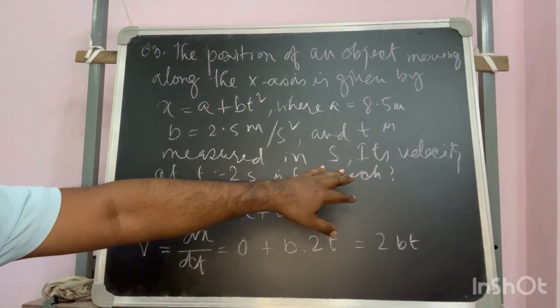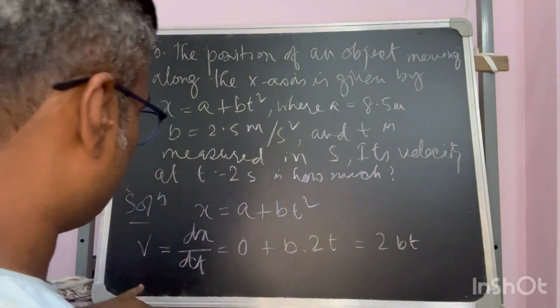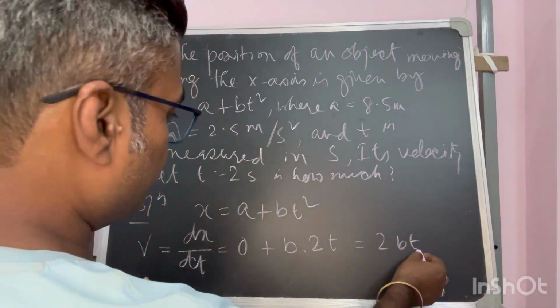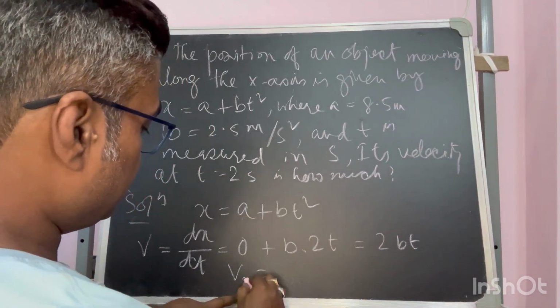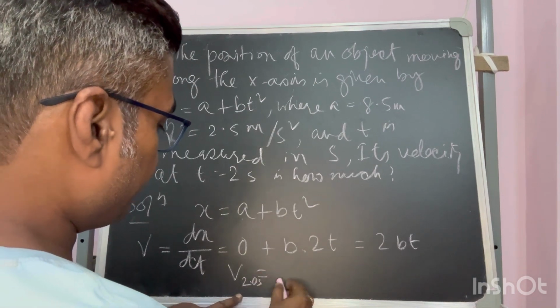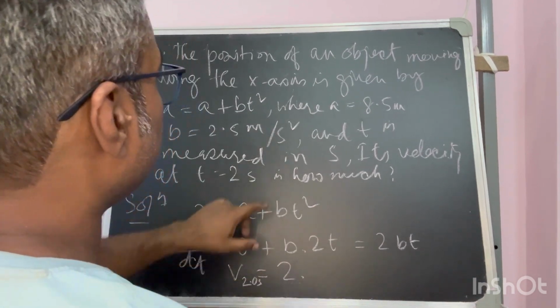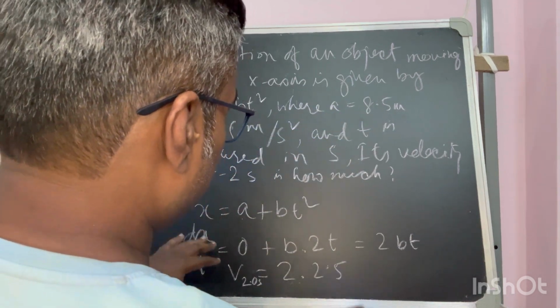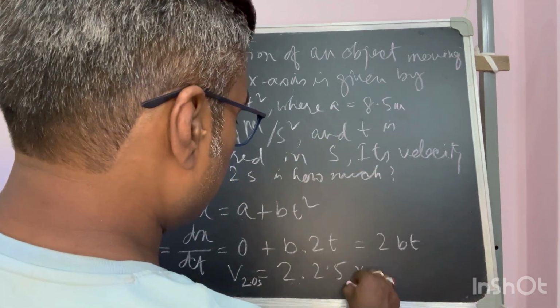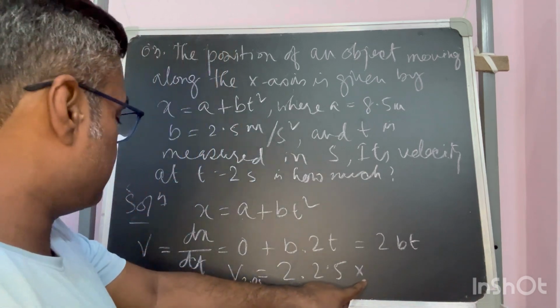Now its velocity at t is equal to 2. If I put t is equal to 2, I will get the velocity at t equal to 2 seconds. So that is equal to 2 into b, which is already given. So b is 2.5 if I put it here, and t is equal to 2.